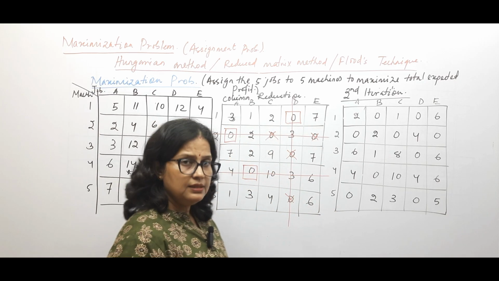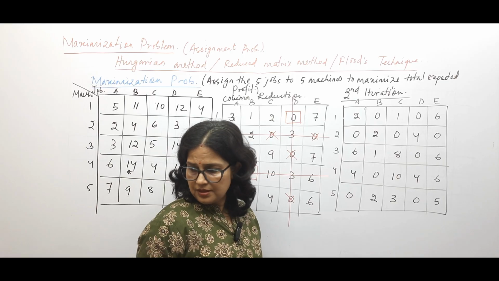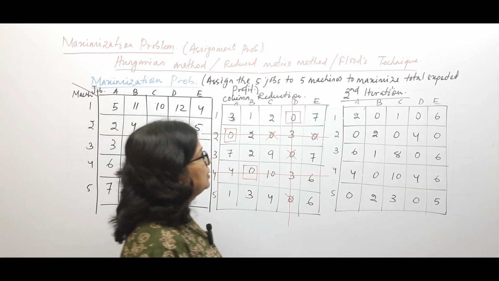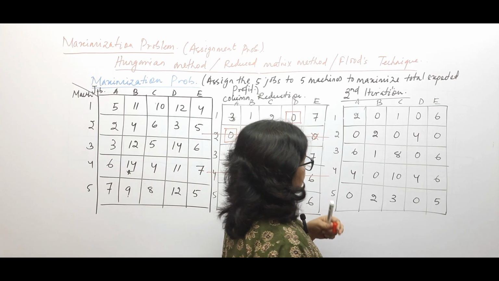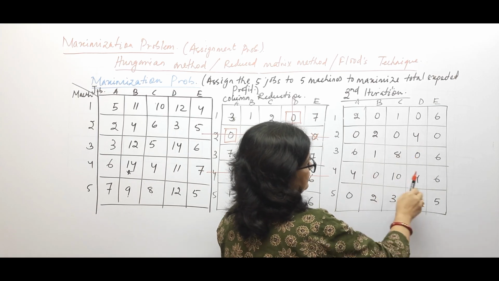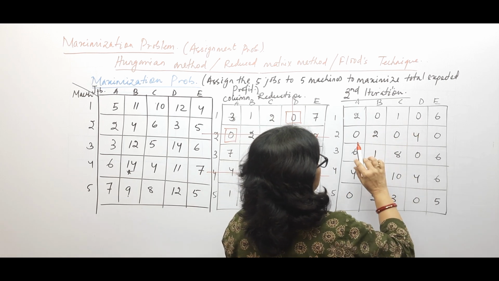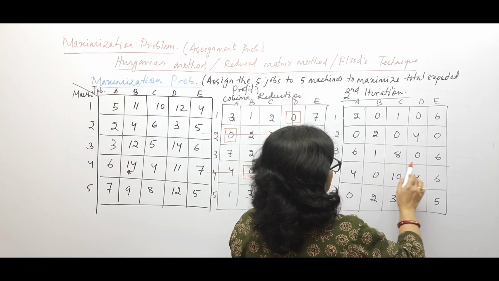Let us assign the 0s once again. First we need to check each row and each column for a single 0. If you see here, we are having 2, so leave it. Here 3, here 1.